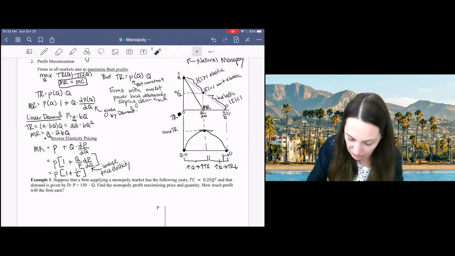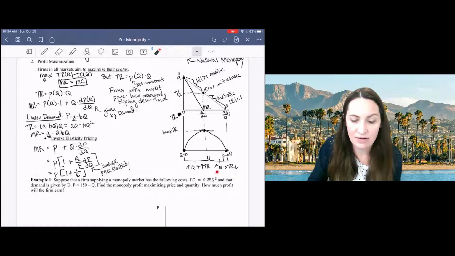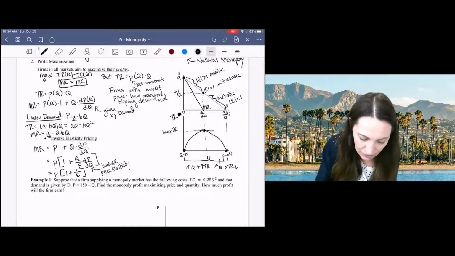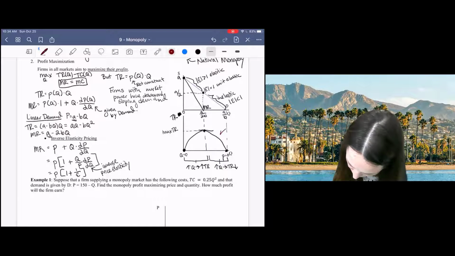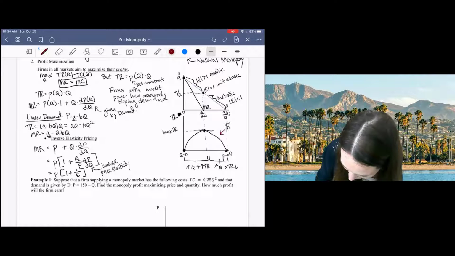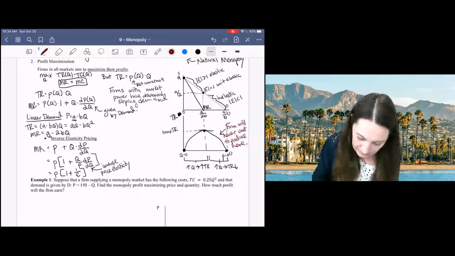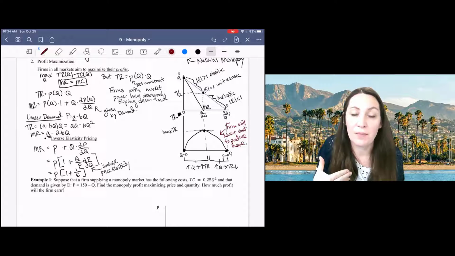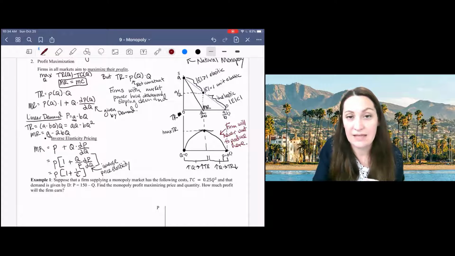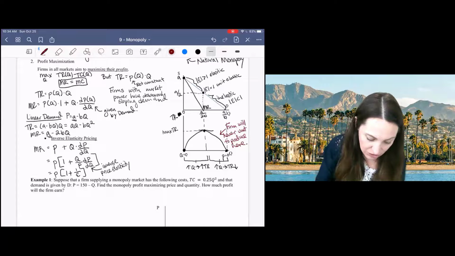So I know if I'm producing more and my total revenue is going down, that's never going to be good, especially because it probably costs me something to produce this product. So the firm will never want to produce over here. The firm with market power will always operate on the elastic portion of the demand curve.